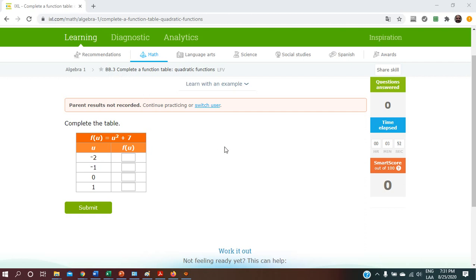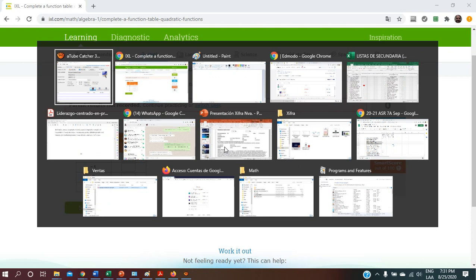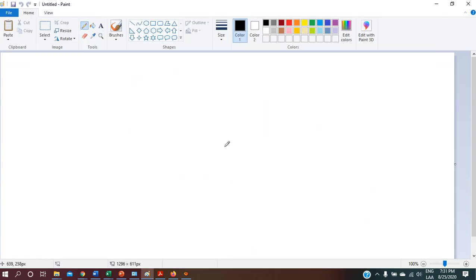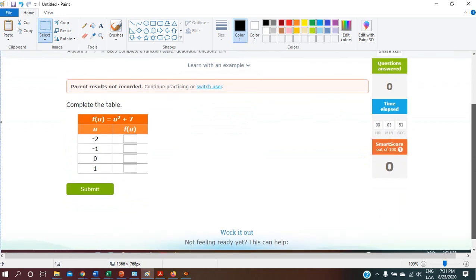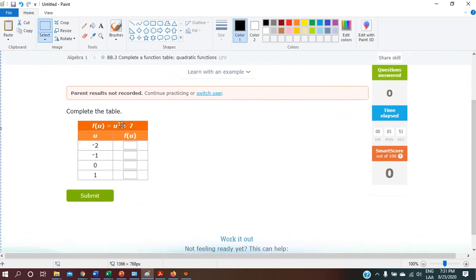Okay, so we have this table, and let me paste this problem, or this function, into Paint. Alright, so here, how do we read this? Function of u, or just f of u, equals u squared plus 7.